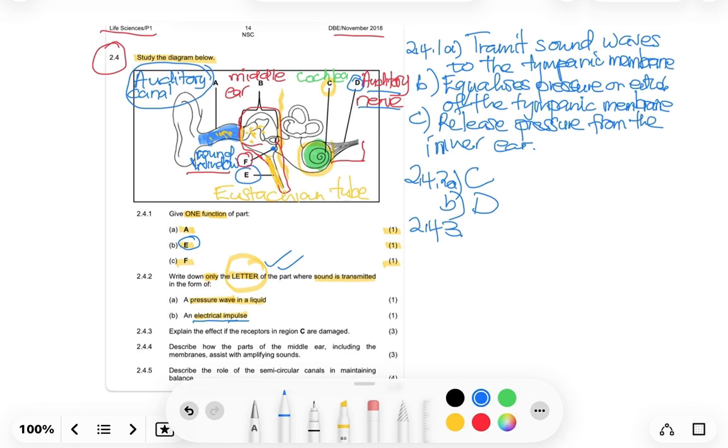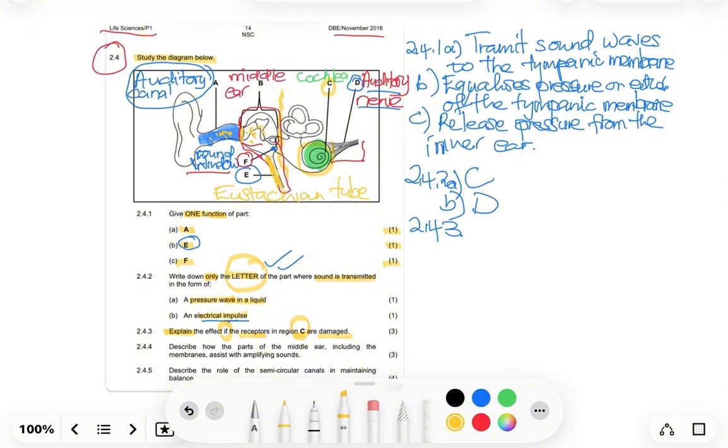Right, 2.4.3 is asking us to explain the effect if the receptors in region C are damaged.